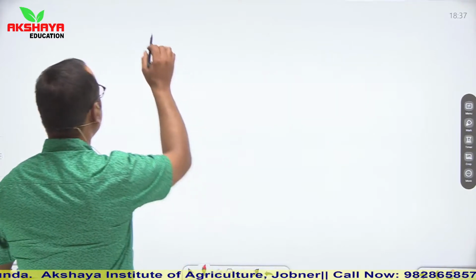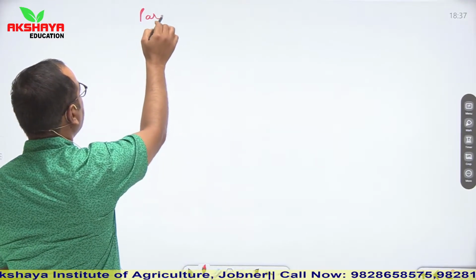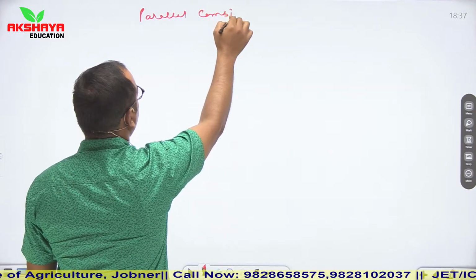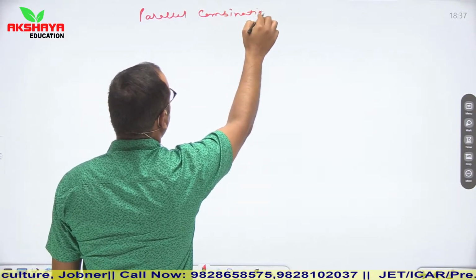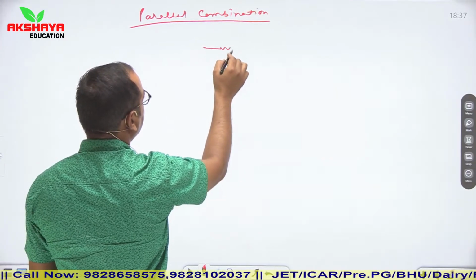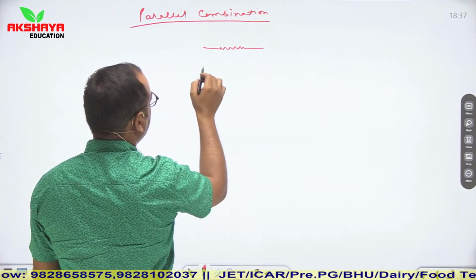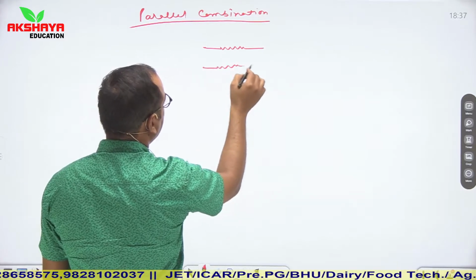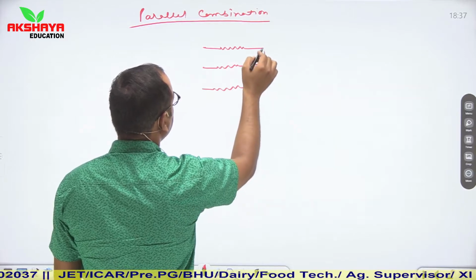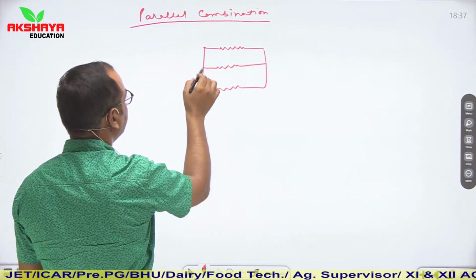Similarly, if we talk about parallel combination, we consider that one end of each resistor is connected at a given terminal and the other end is connected to another given terminal this way.